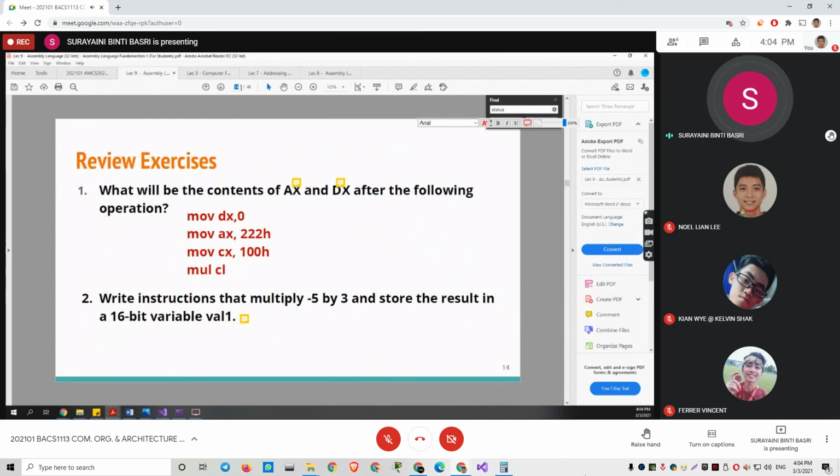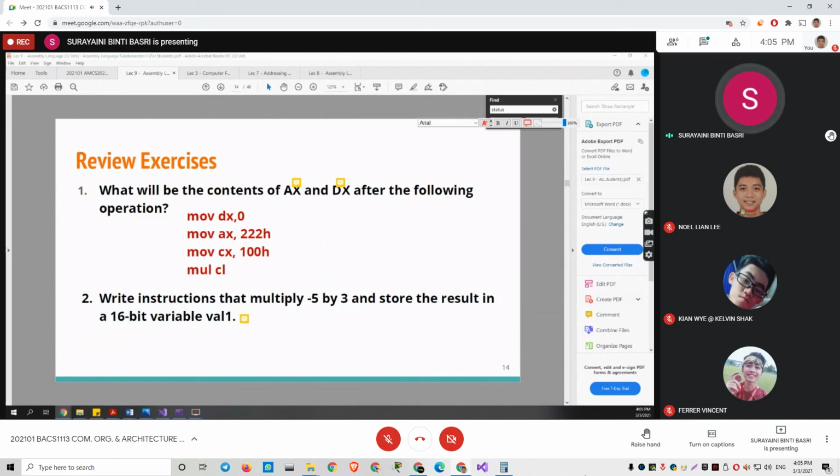I want to see your program tomorrow. How to multiply this by this? Remember page 14. Okay, Kelvin? Okay.